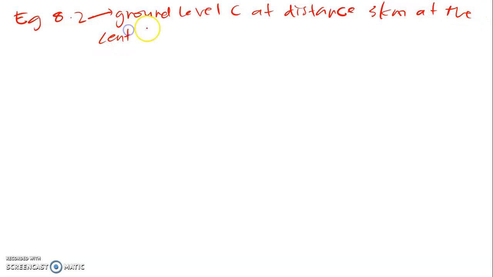So you need to divide this 3 kilometers by 2, and that becomes 1.5 kilometers.